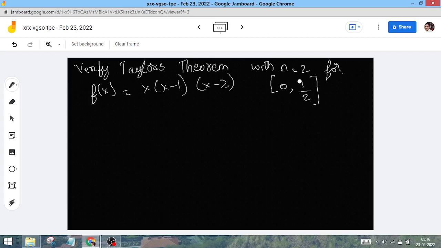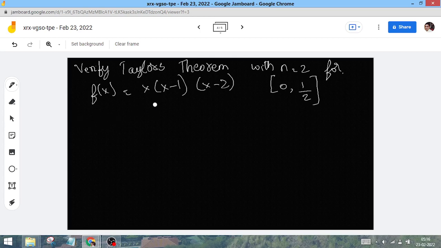So we have to do the verification of Taylor's theorem with n equals 2 for f of x equals x into x minus 1 into x minus 2 for the closed interval between 0 and half.